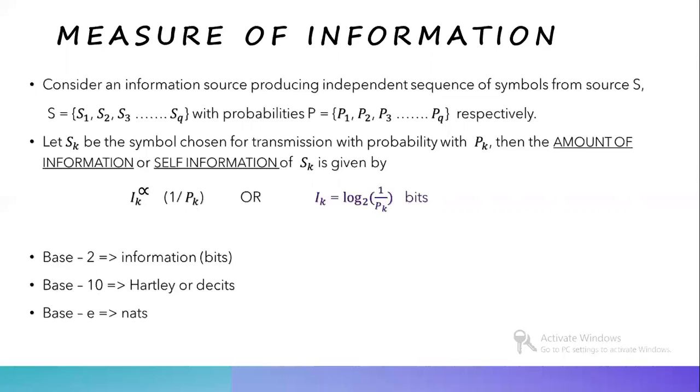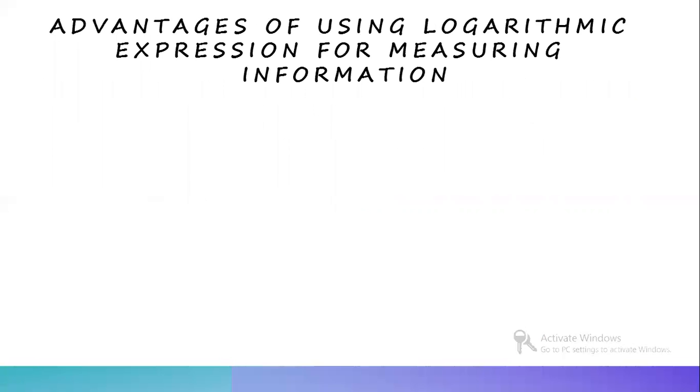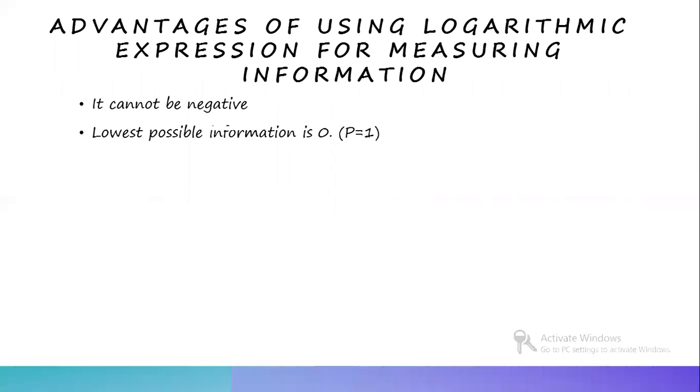Next, why a logarithmic expression? First, the information content or self-information of any message cannot be negative. Each message must contain a certain amount of information. The second is that the lowest possible self-information is 0.